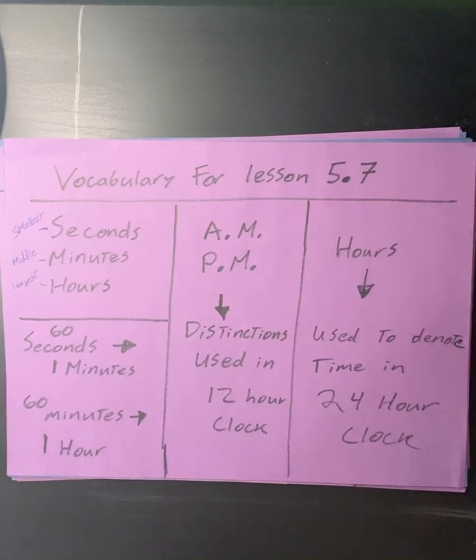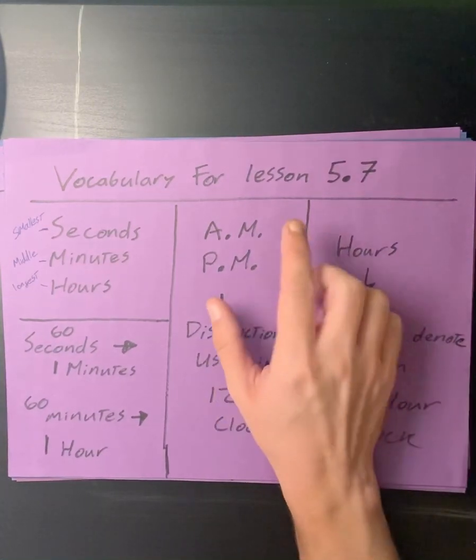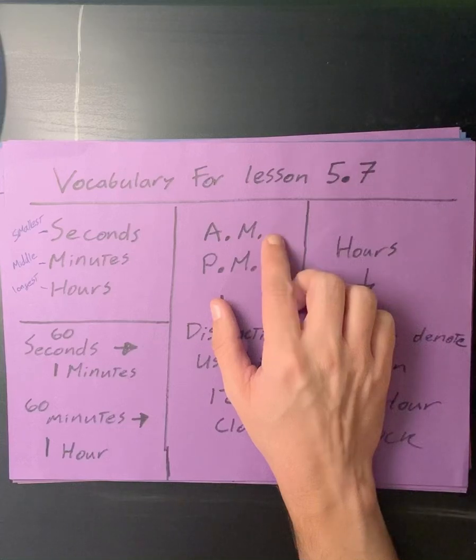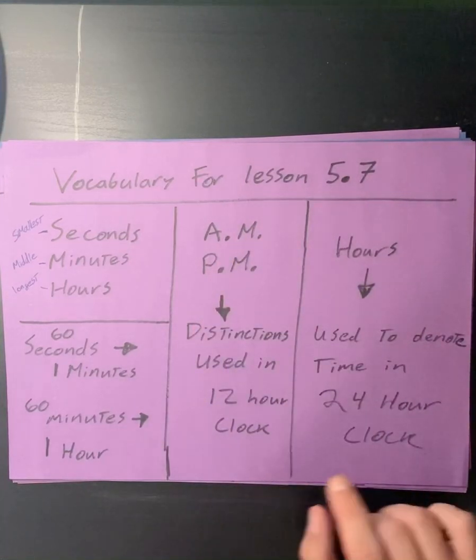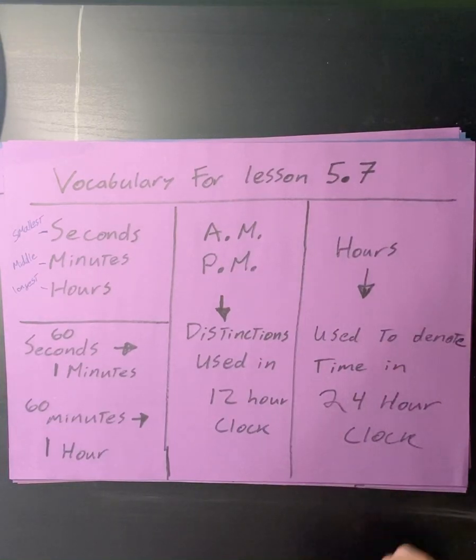When we're using a 12-hour clock, we use AM to distinguish the morning and PM to distinguish the afternoon. In 24-hour time, which we'll be talking about a little bit later, we measure time in hours. So right now it is just about 2 o'clock p.m., or in 24-hour time, it would be 1400 hours, okay?